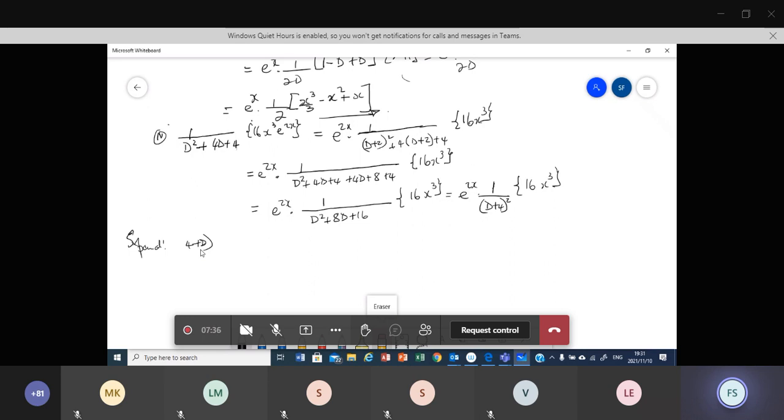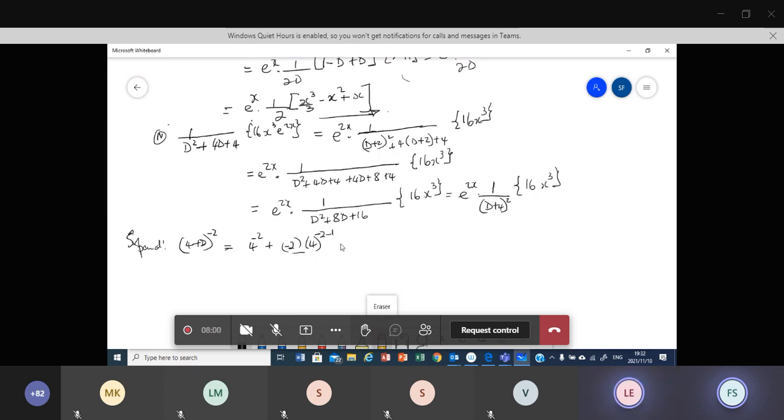So when we expand that, according to binomial expansion, what is it? It's 4 to the power minus 2, plus minus 2 times 4 to the power minus 2 minus 1, times d, all over 1 factorial.